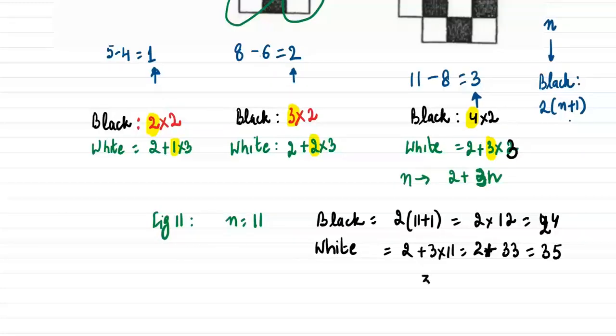So if we subtract 24 from 35, we get 11, which is the figure number.